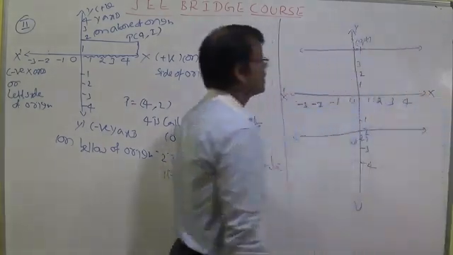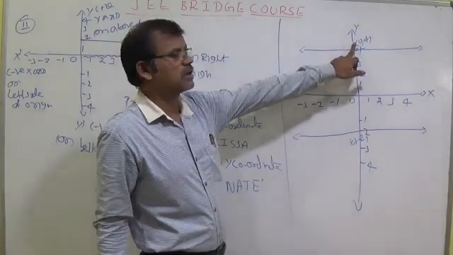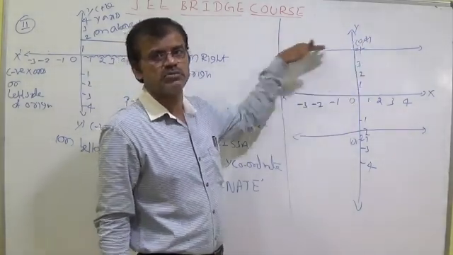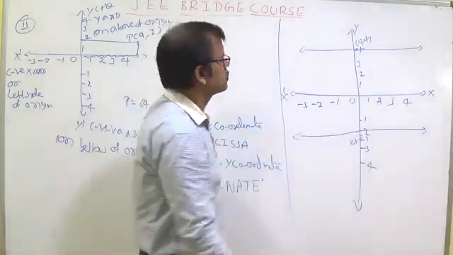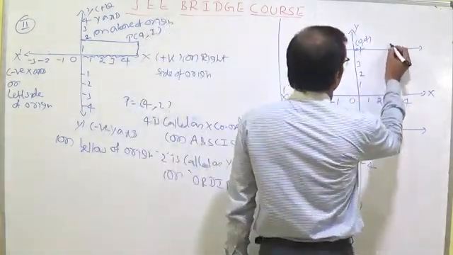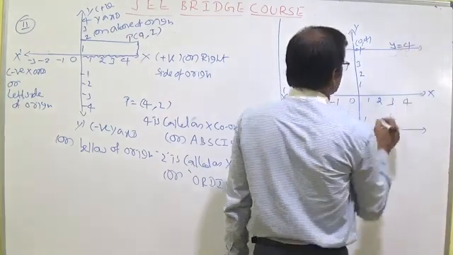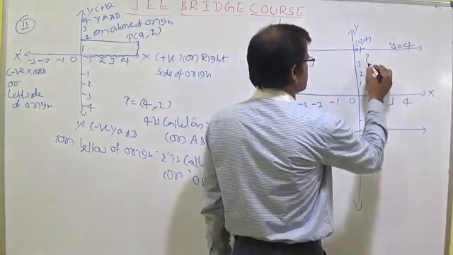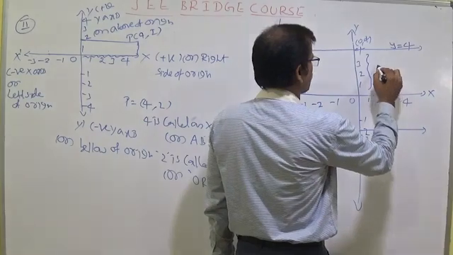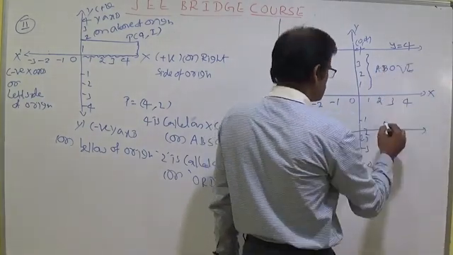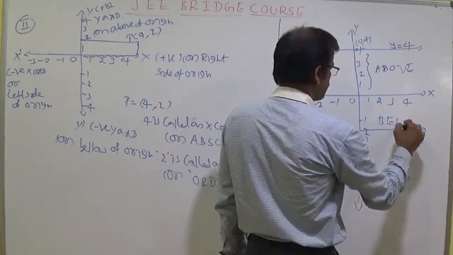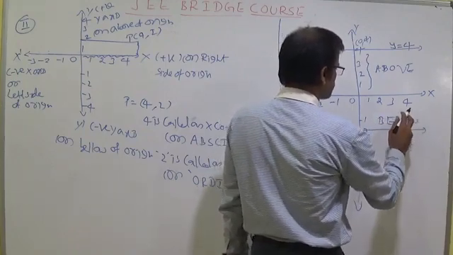So what is indicated here? There is no x term here. The line is passing through 0, 4, which is parallel to the x-axis. So you can say here only y is there, y equal to 4 because it is above. Below means negative, above means positive.